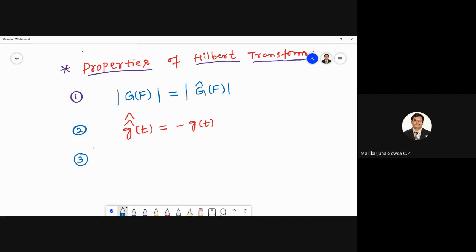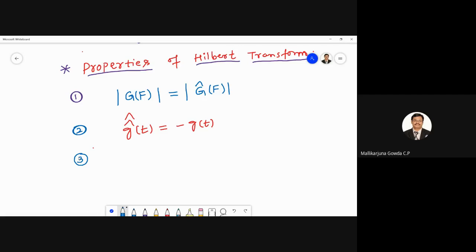I said the signal g(t) and its Hilbert transform g-hat(t) are orthogonal over the entire time interval, so that the time interval may extend from minus infinity to plus infinity.